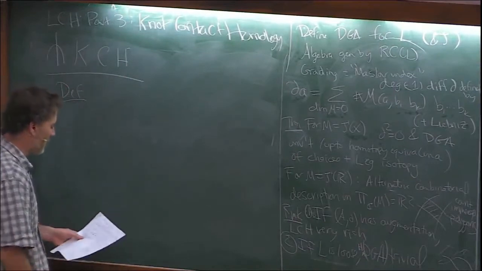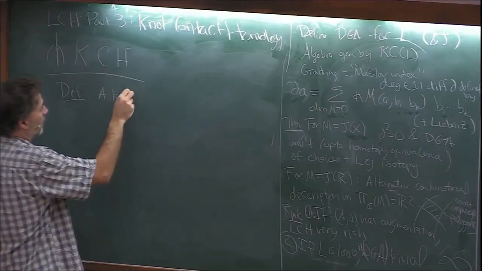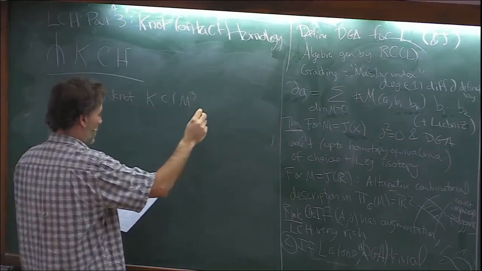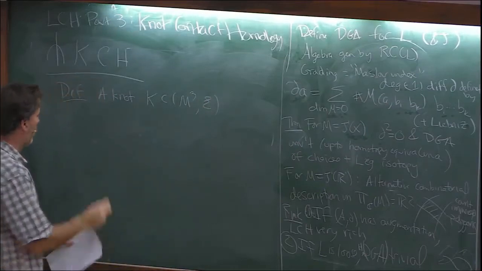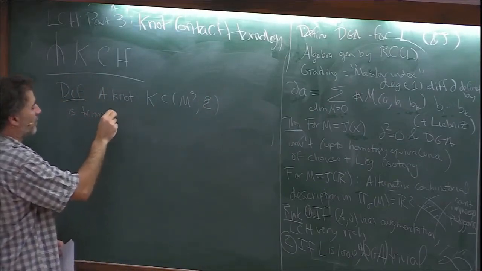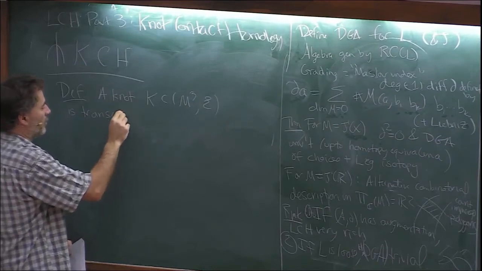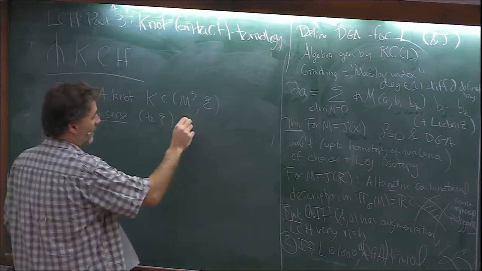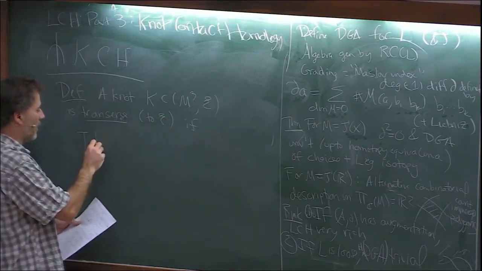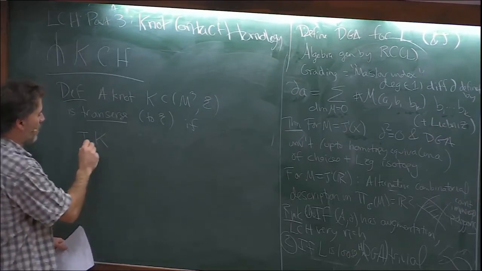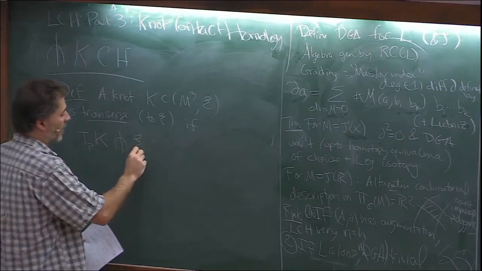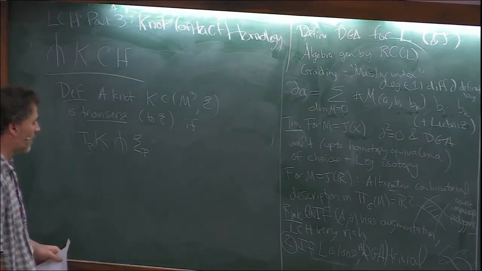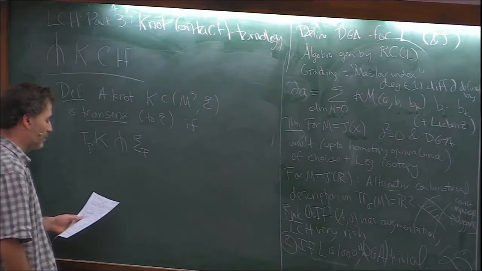Well, a definition first. So we say that a knot K inside M3, inside any contact manifold, is transverse to the contact structure if, when you look at the tangent bundle at any point, you're transverse to the contact distribution at that point.